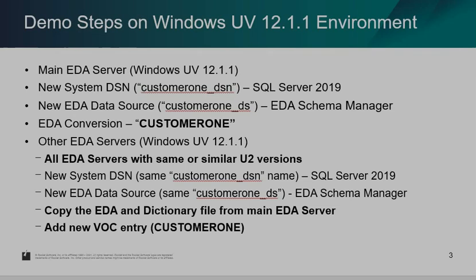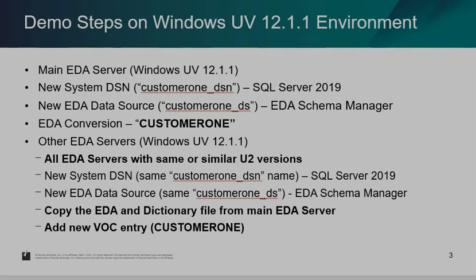I will create one Windows system DSN called customer1_DSN, and also use the EDA Schema Manager tool to create the EDA data source named customer1_DS. After you create a schema, you need to convert the customer1 file into the customer1 EDA file.